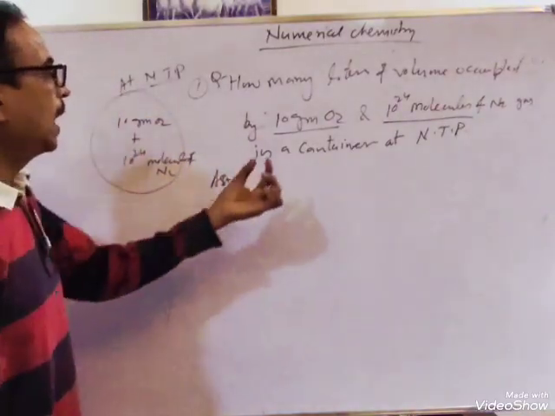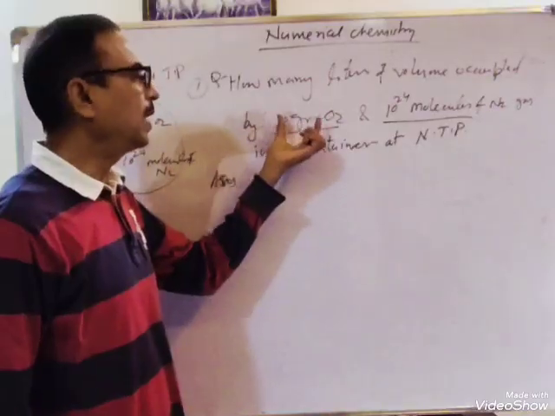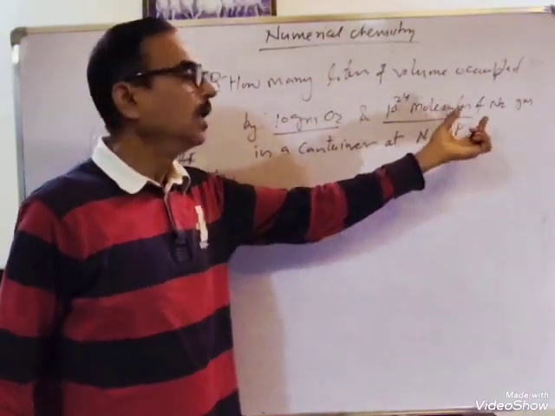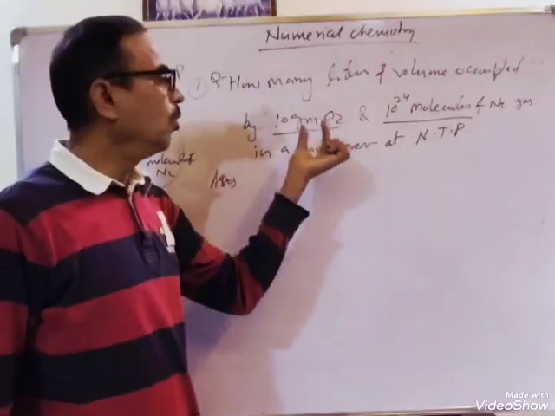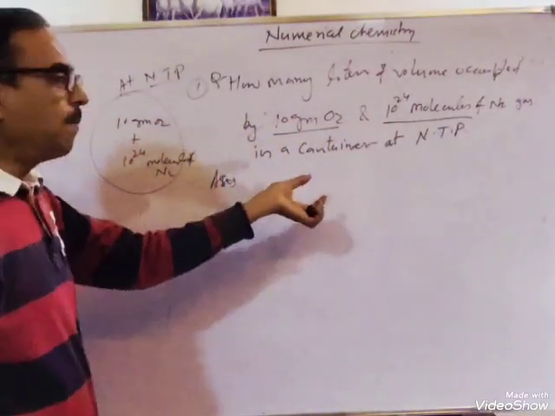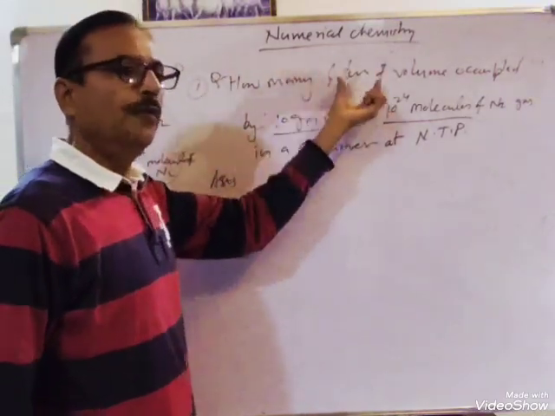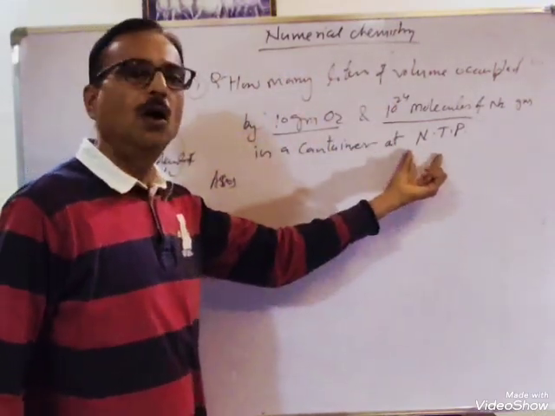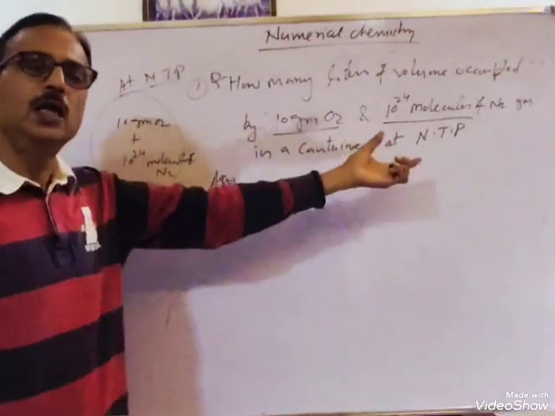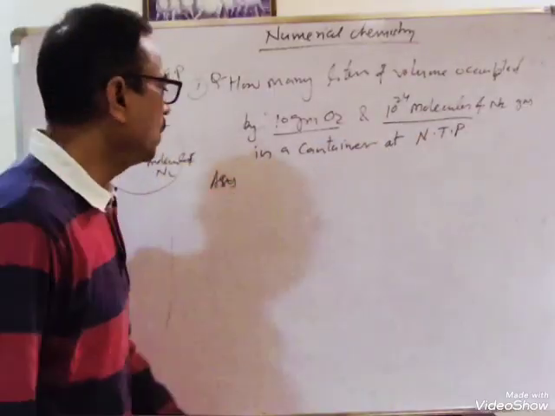You first calculate the number of moles of oxygen separately and the number of moles of nitrogen. Then add both the moles, calculate the total number of moles. And you also know that 1 mole of any gas at NTP occupies 22.4 liter volume. So for these moles, you get the volume as the answer.